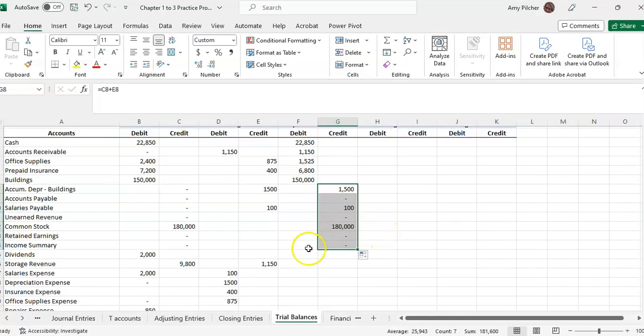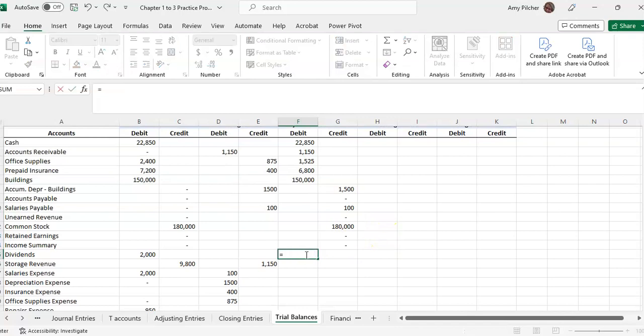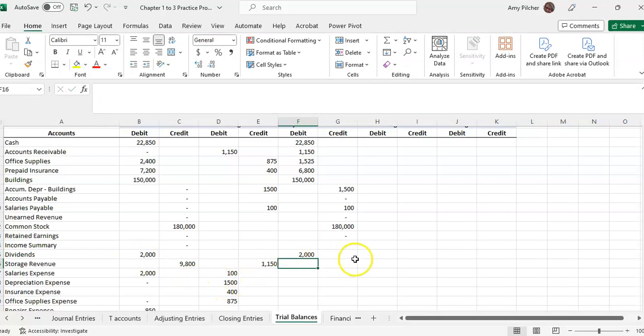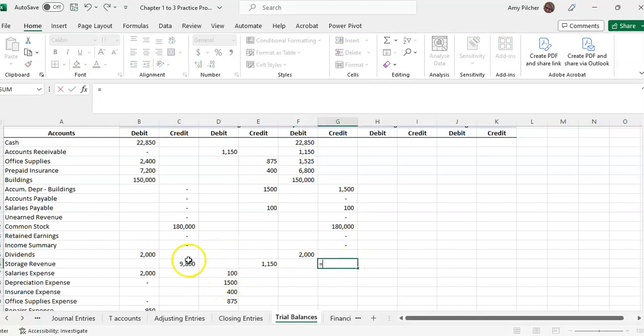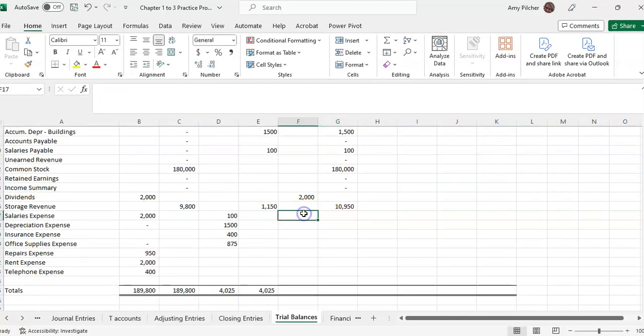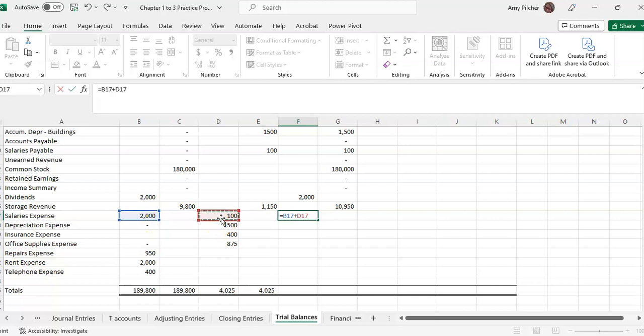Okay. So then our dividends, we didn't make any changes to. We want our storage revenue to add the credits, and then we want all of our expenses to add the adjusting entries from expenses.